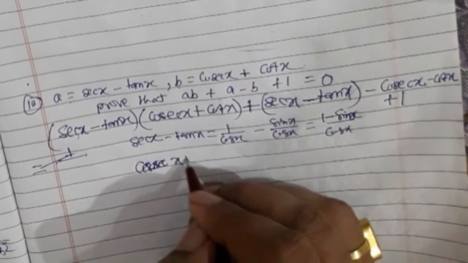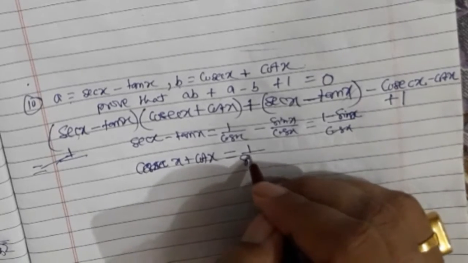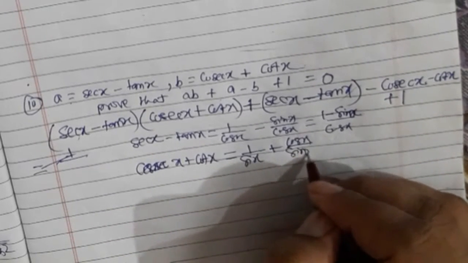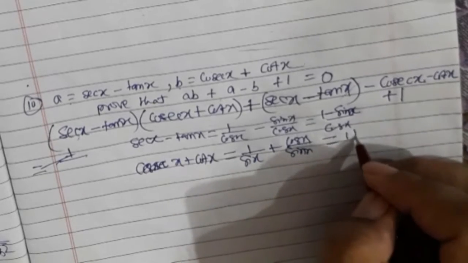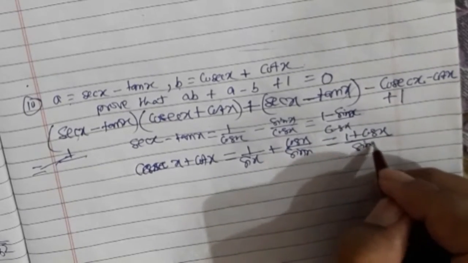And cosec x plus cot x is equal to 1 by sin x plus cos x by sin x. This is equal to 1 plus cos x by sin x.